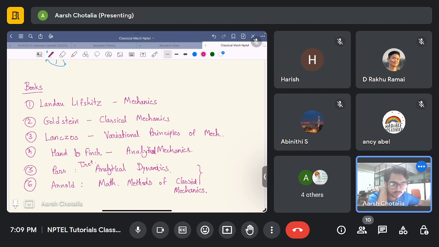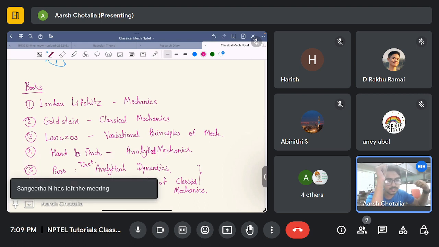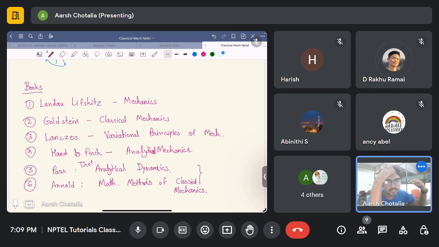Then because of that constraint, the particle will experience a force that is not coming from any external agent, like the earth pulling it down or anything. It's just that because the particle has to stay within that surface, there will be some effective force of the surface. So that's how we write F, the external force, plus small f, which is coming due to the constraint.